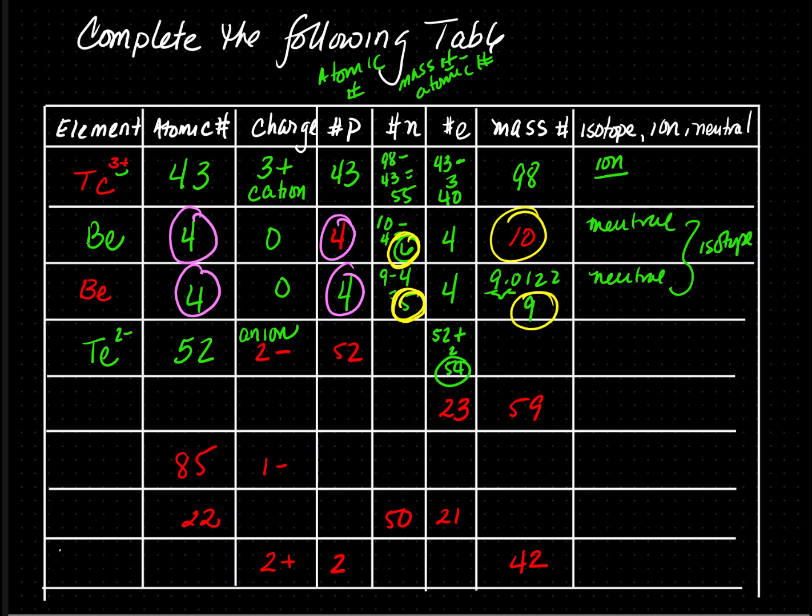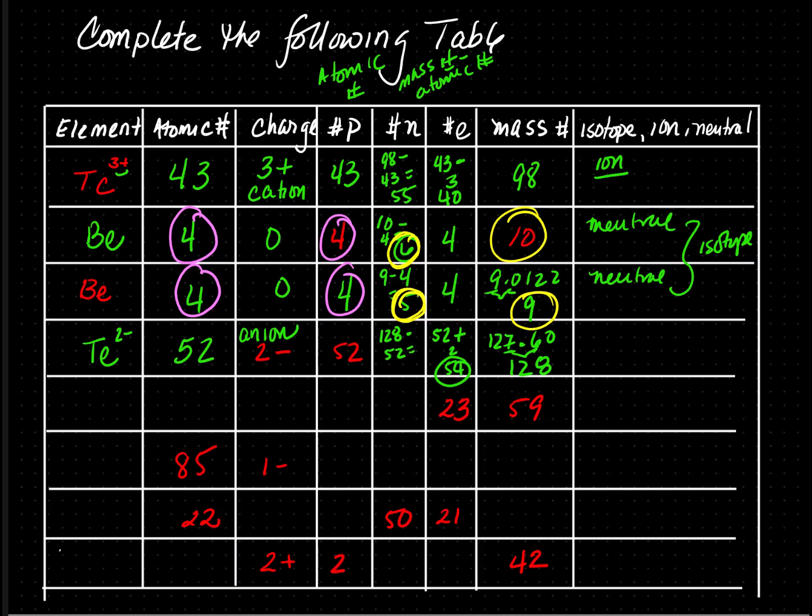Since the mass number, or the number of neutrons, is not provided, we take the atomic mass provided on the periodic table, which is 127.6. Rounded to the ones place, this is 128. To find the number of neutrons, it's 128, which is the mass number, minus the number of protons, 52, or the atomic number.